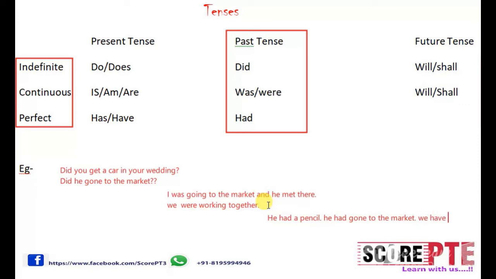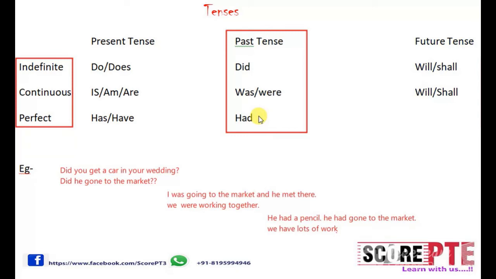We have lots of work. Okay, we have lots of work. Now what is it representing? These sentences are representing directly the past perfect tenses. He had, we had, she has had.